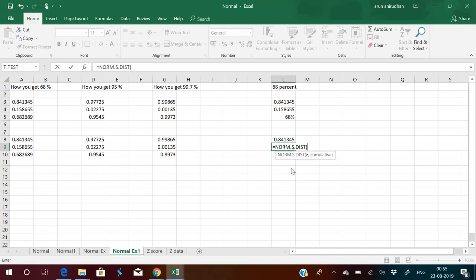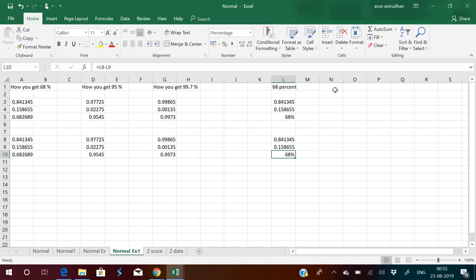What will be the Z value corresponding to 50? We took 50 in the above case, so it is minus 1, comma, true. You can see you got, so again equal to this minus this one. Okay, you got 68%. So this is how you get it using the Z score method and direct method.